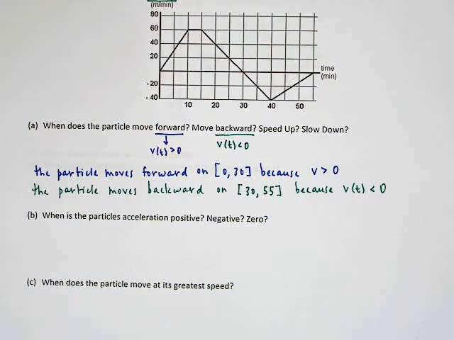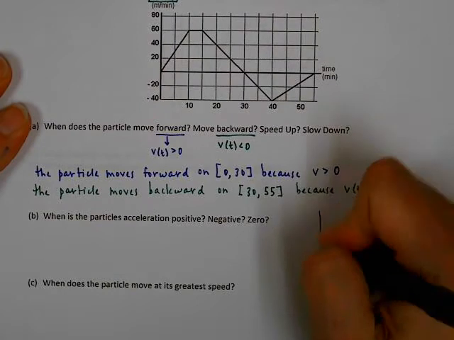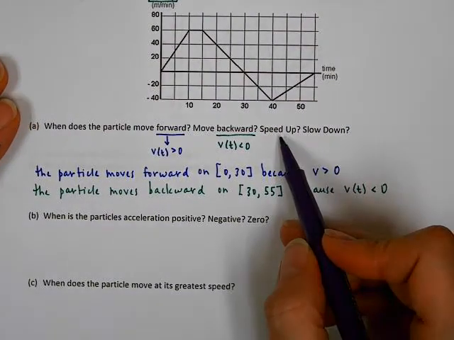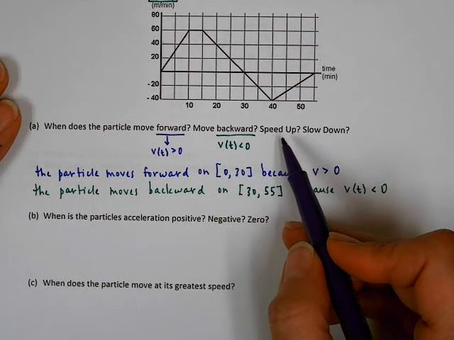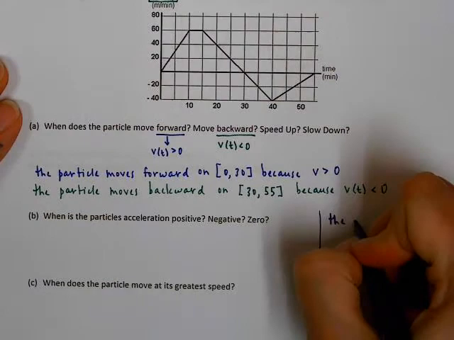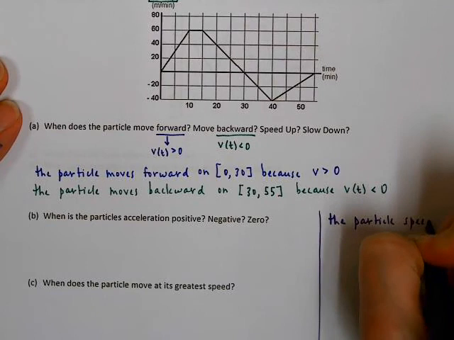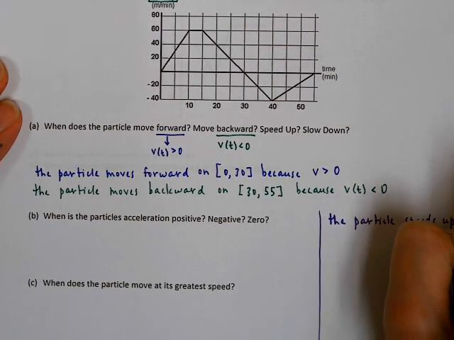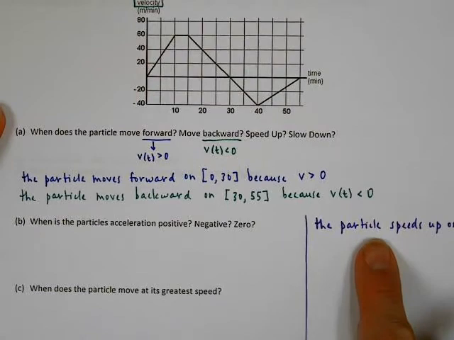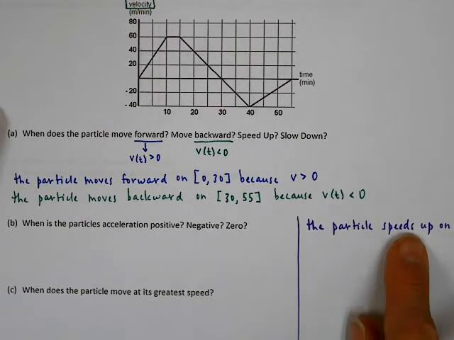All right, speed up and slow down. I'm going to go to the side here, so I'm going to draw a line. Now, speed up: I'm looking for the sign of velocity and acceleration to be the same. So I'm going to say the particle speeds up, now, because I have to take into account velocity and acceleration, which is the second derivative, I'm going to have open intervals here. So speeds up means the signs are the same.